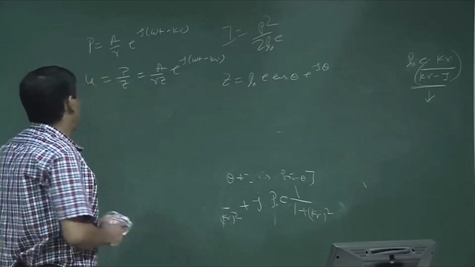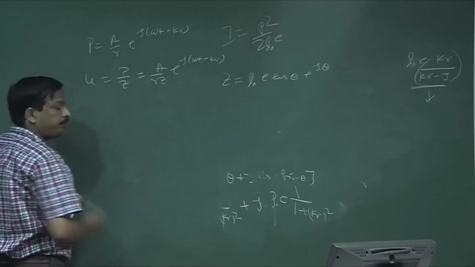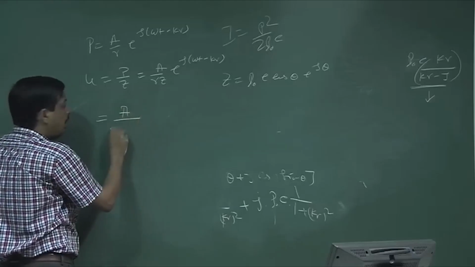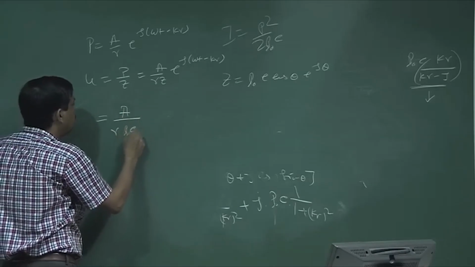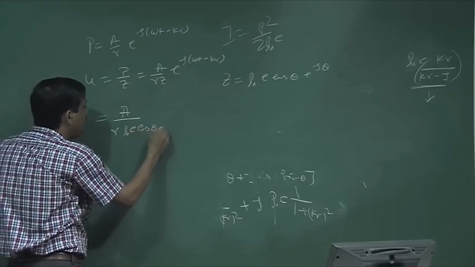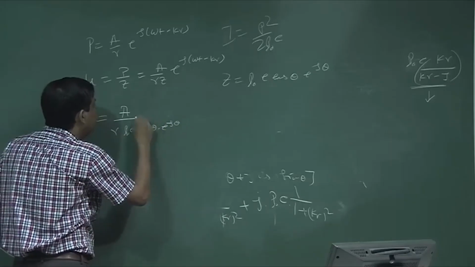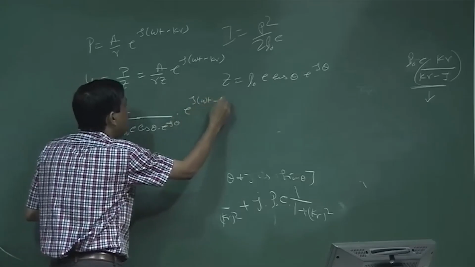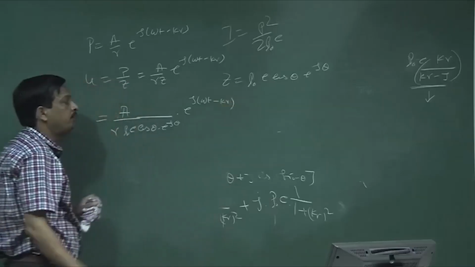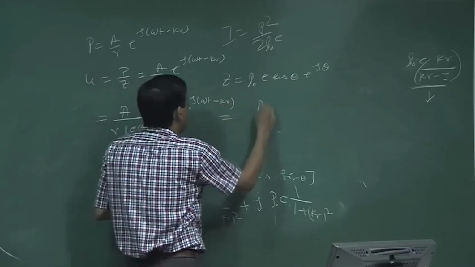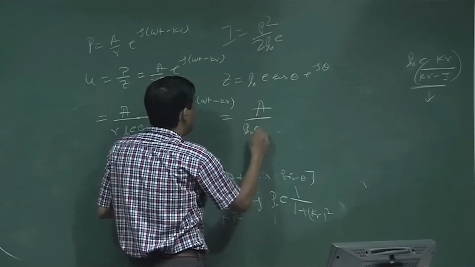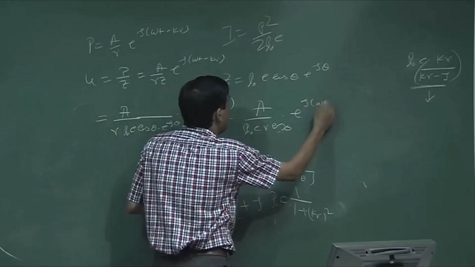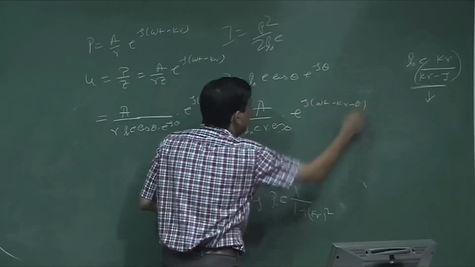Okay. So, I can write u is nothing but A by (r rho 0 c cos theta) e to the power j theta into e to the power j(omega t minus k r). So, I can write A by (rho 0 c r cos theta) into e to the power j(omega t minus k r minus theta).